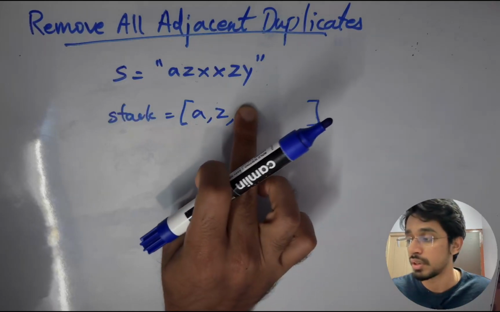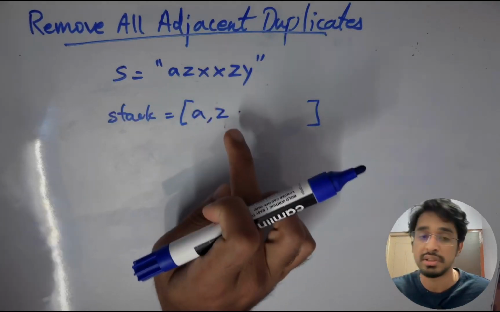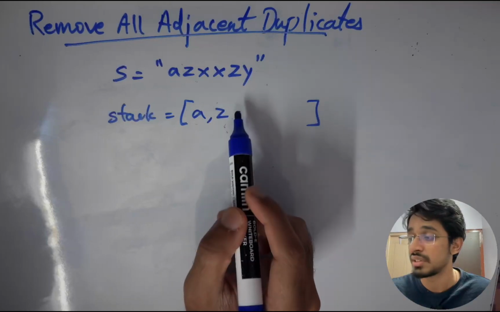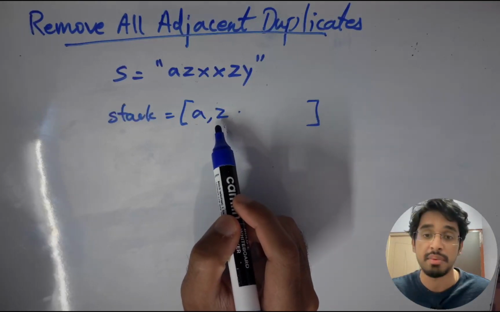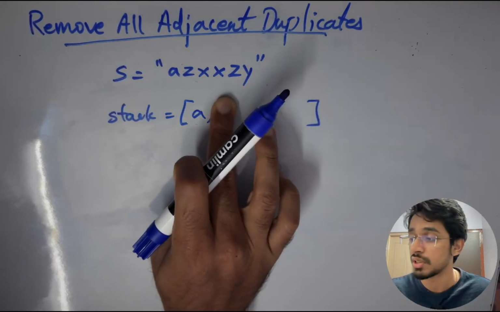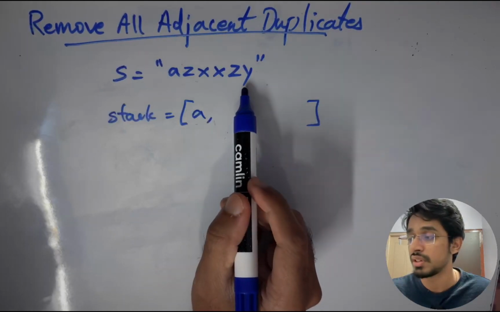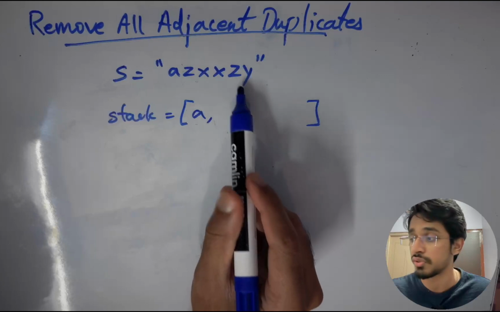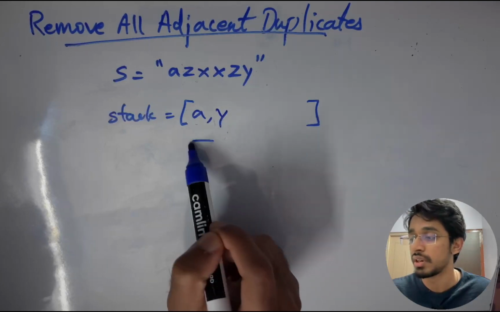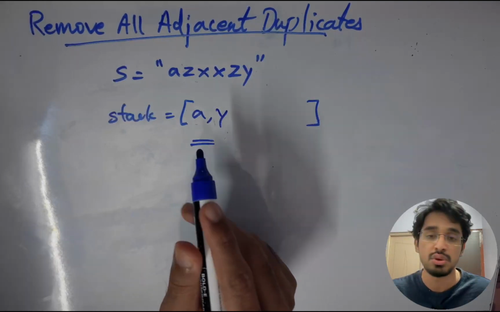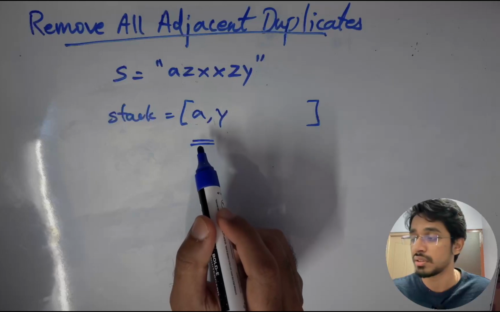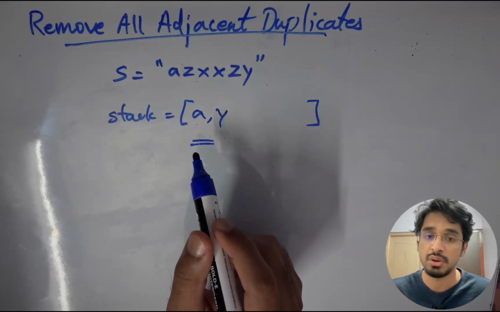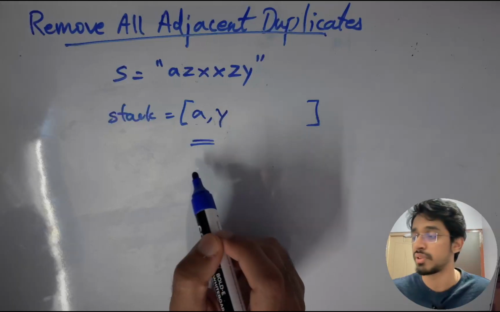So we pop that element off the stack, and we don't add this as well. Then we go to Z over here, and you see that Z is also now the last element within our stack. So with that we just pop that off as well, and then we see Y. Y is not the last element within our stack, so we add Y over here, and then we return A and Y as a solution. A and Y are the only characters that have no adjacent duplicates, so that's why we need to return this.